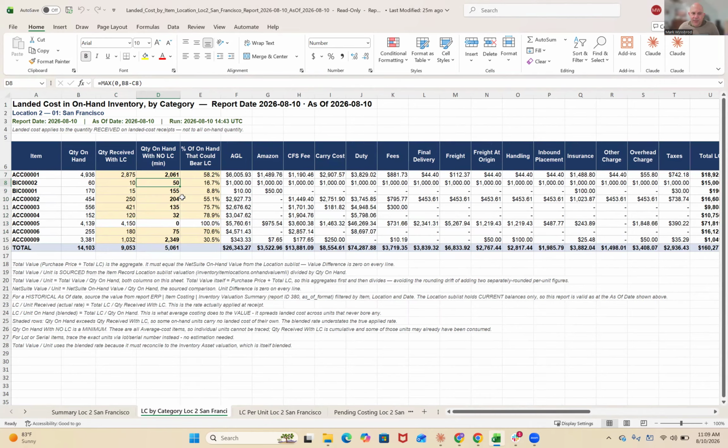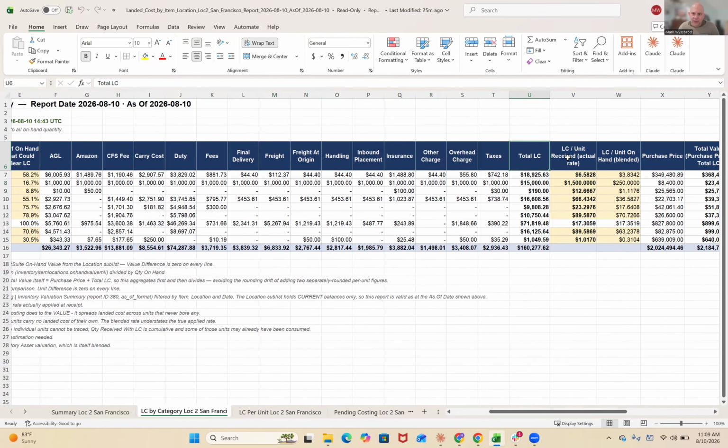This is a dev and test environment, so that's pretty normal, but that might be normal in your operations as well. Now you can see each one of my landed costs going across, my total landed costs, my total landed cost per unit, my blended landed costs.